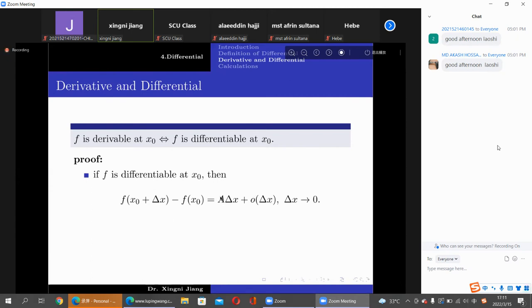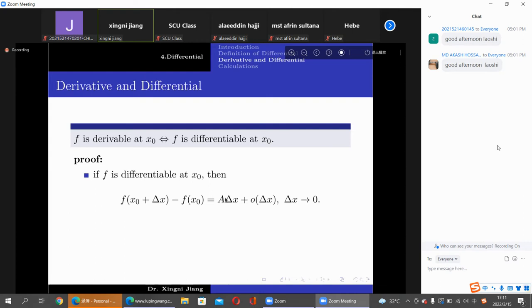The first part is some constant A multiplied with delta x. Here the constant A does not depend on delta x, but it might depend on x0, okay? Plus a negligible part of this increment. So this is the differential function from delta x into A multiplied with delta x.